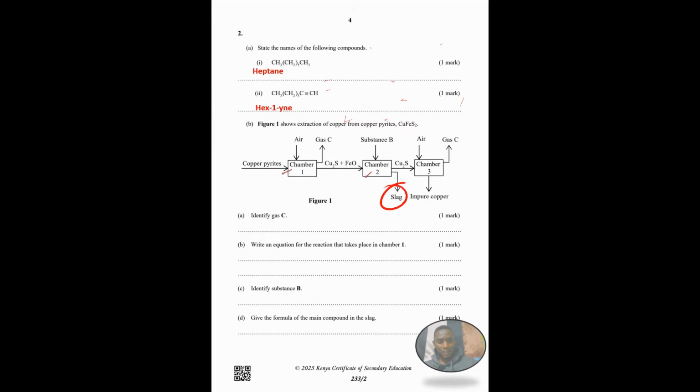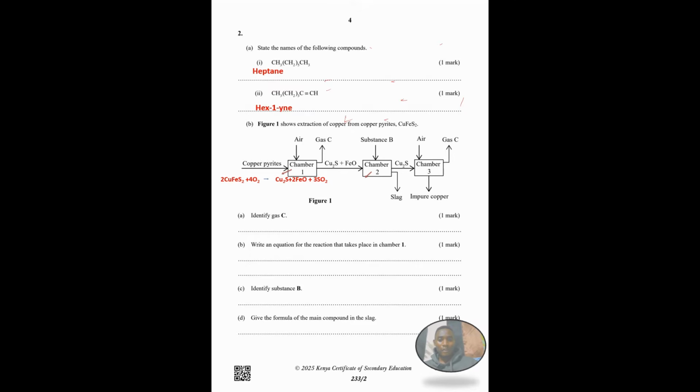That's the slag that we are talking about. So we can see the reaction that takes place in chamber 1, which leads to formation of copper 1 sulfide, iron 2 oxide, and the release of gas C, which is sulfur 4 oxide gas.